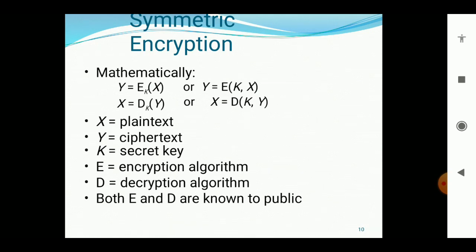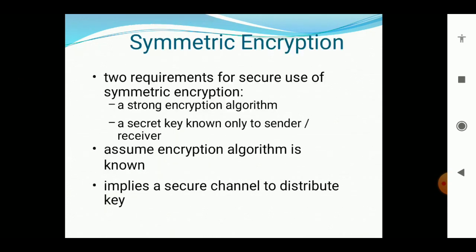To derive Y, the ciphertext, it is the encryption of X with the secret key: Y equals E_K of X, or Y equals E of K comma X. Here K represents the secret key. Then X equals D_K of Y, or X equals D of K comma Y, where Y represents the ciphertext.